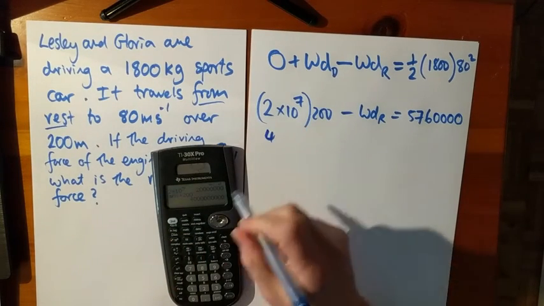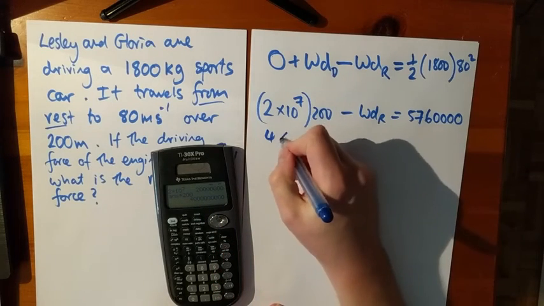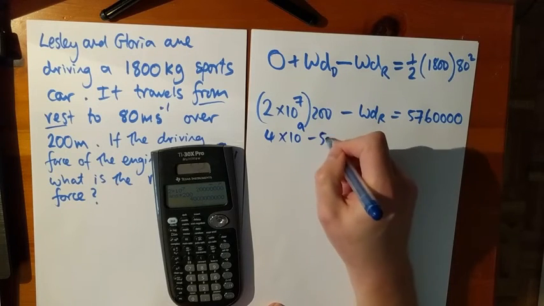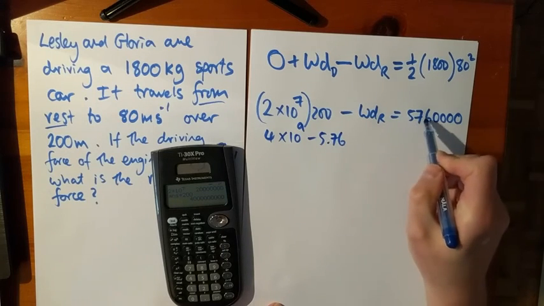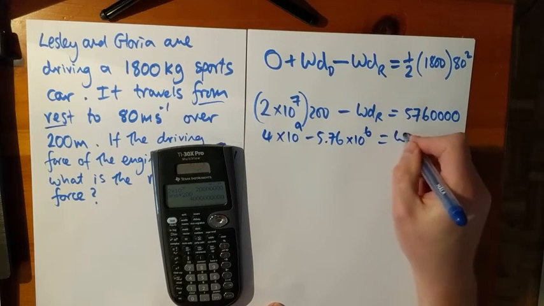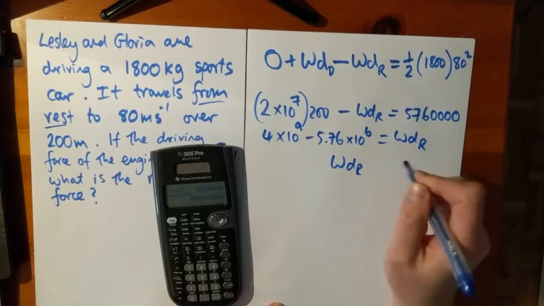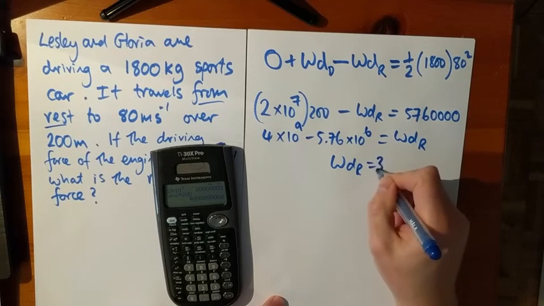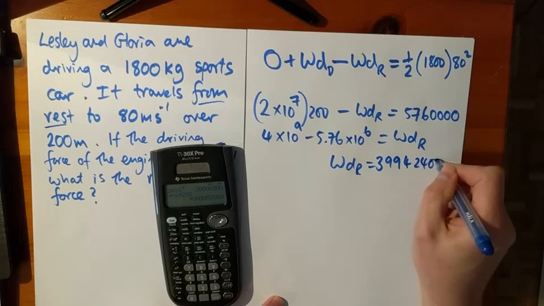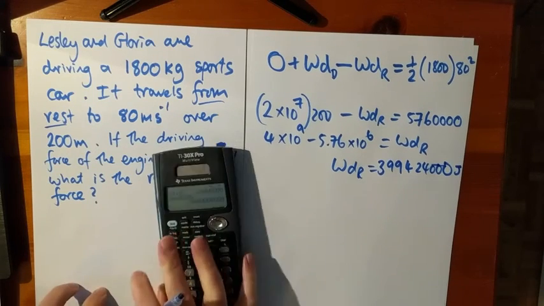So it's 4, and then 1, 2, 3, 4, 5, 6, 7, 8, 9 zeros. Minus, that is 5.76, 1, 2, 3, 4, 5, 6 times 10 to the power of 6. It's the work done by resistance. So the work done by resistance comes out to be 399,424,000. That's in joules.